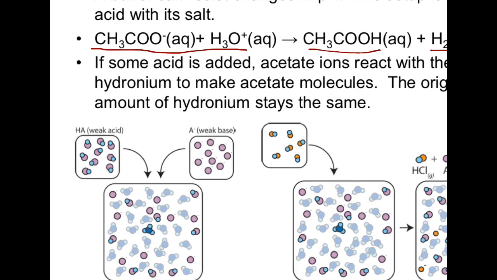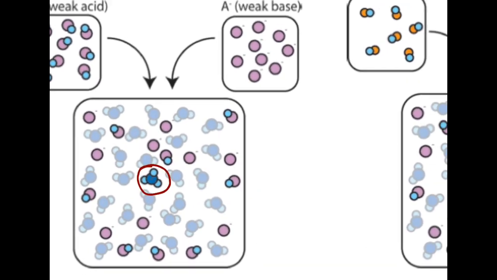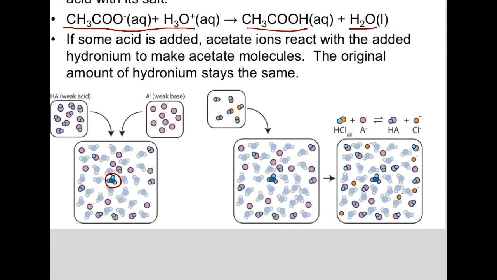So I show this over here. Get a little closer. This is a hydronium in the middle. So we really have very little of it when we start. However, if we add an acid to it, like HCl, a strong acid, we see that some of the water does break down as there's less water molecules, but we still only have one hydronium here, the same.